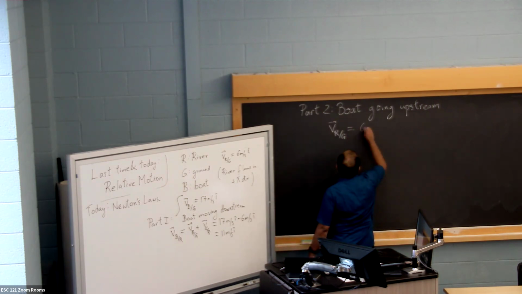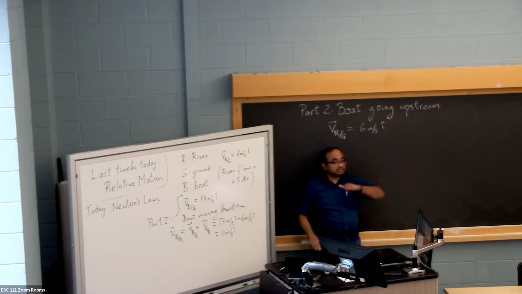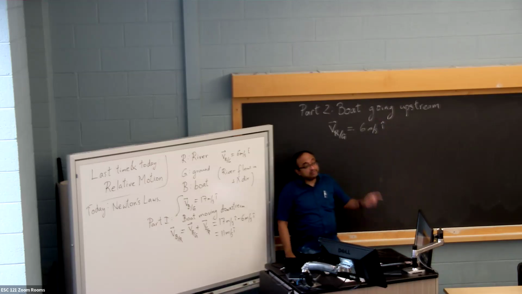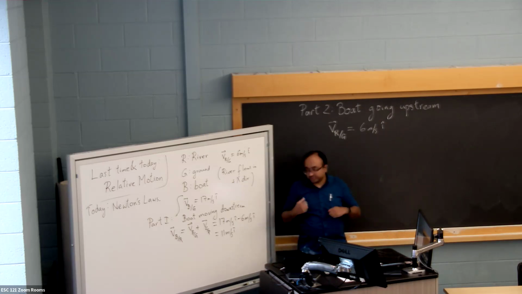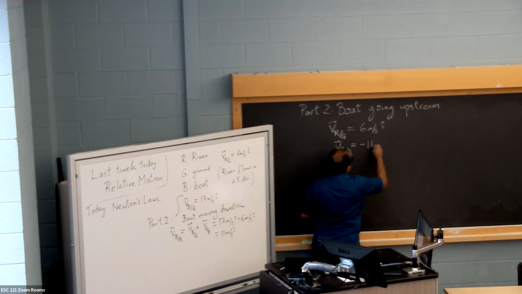That is still 6 meters per second I hat. But now the boat is going upstream. Its speed with respect to the water stays the same, but now it is moving upstream. So we can say that the velocity of the boat with respect to the river is now negative 11 meters per second I hat.